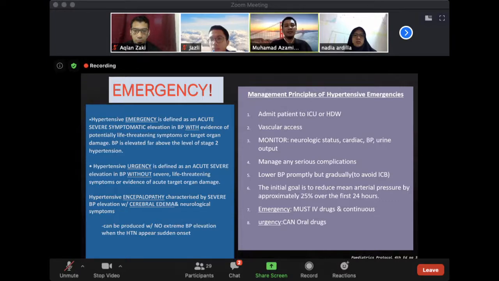And PKD, polycystic kidney disease, they don't really come with recurring UTI. However, they probably present with poor weight gain, failing to thrive. Those are the symptoms that come with polycystic kidney disease, because it's kind of a chronic condition.